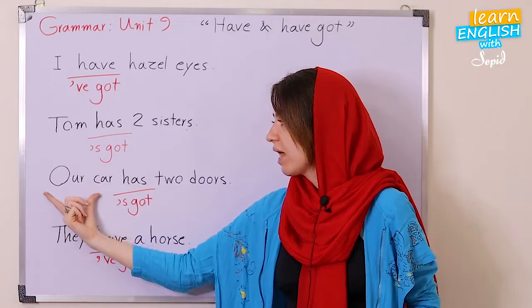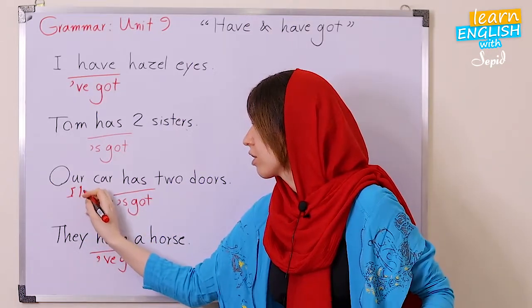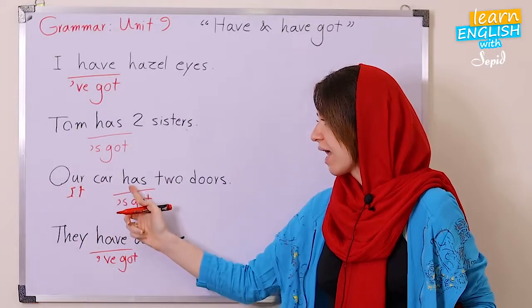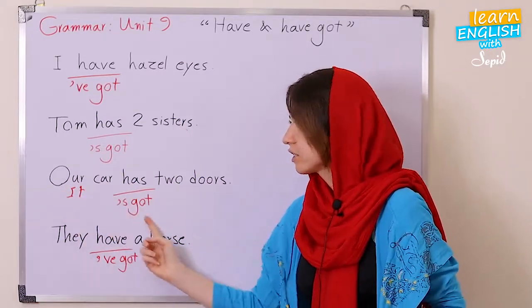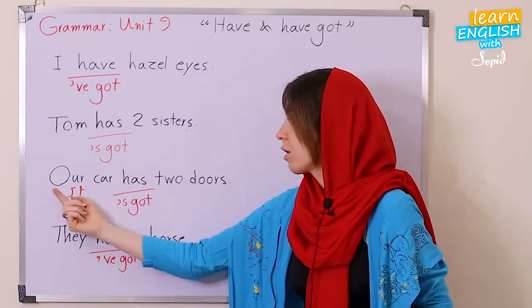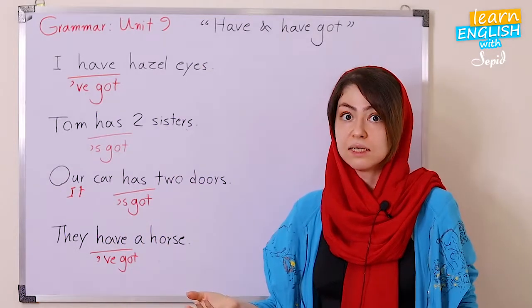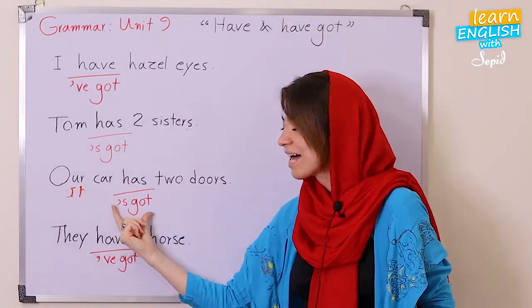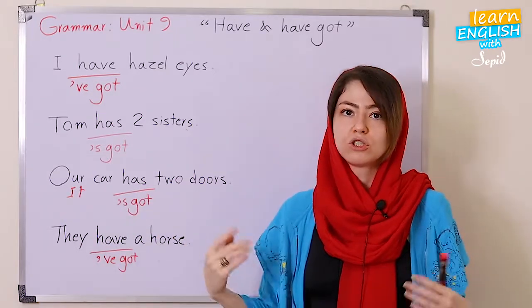Now, next example, our car. Our car is it. So, our car has two doors. Or, our car has got two doors. Our car's got two doors.